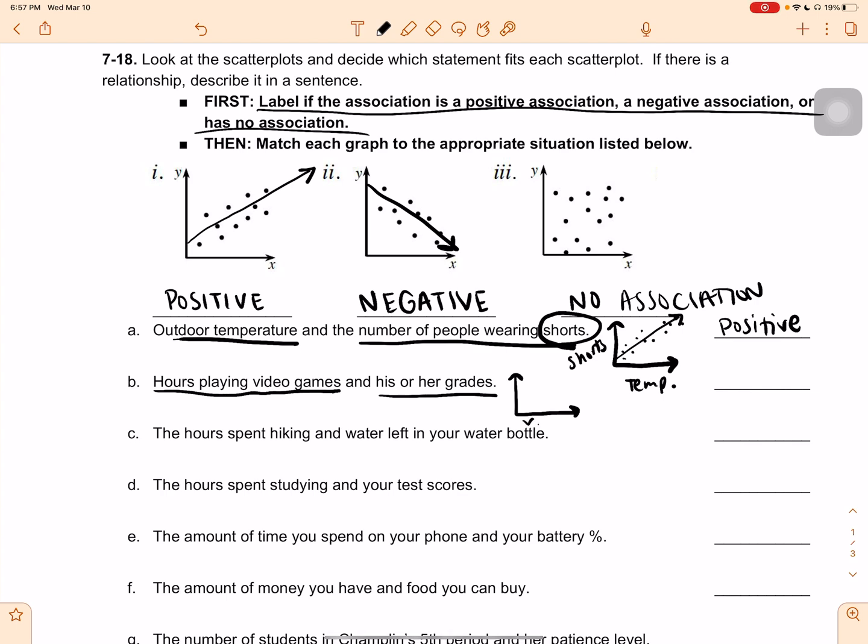So let's say video games is on the bottom and your grades are dependent on how many hours you play video games. Somebody who plays very few video games, like in this area here, they probably spend more time doing their homework. Let's just assume it's a choice between video games or homework, right?